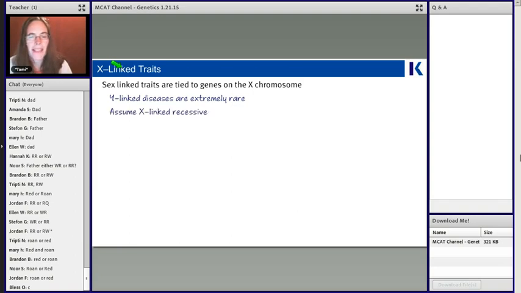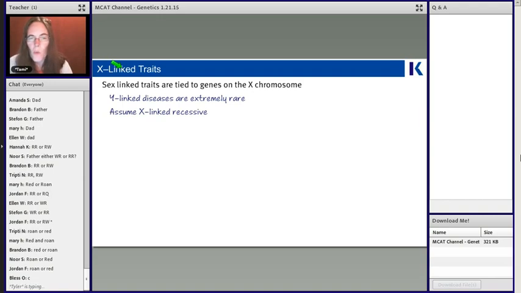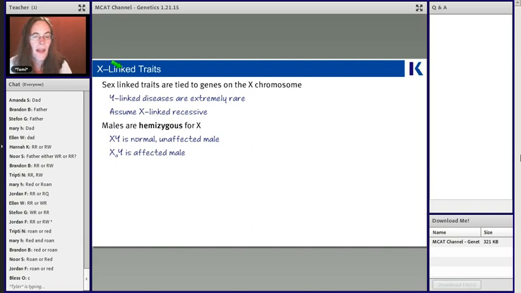And X-linked, we're always going to assume is recessive. We do not expect ever to see X-linked dominant. With that said, we know that males are hemizygous for X. They're XY. So this is a normal, unaffected male. If we have that little subscript, that's an affected male.